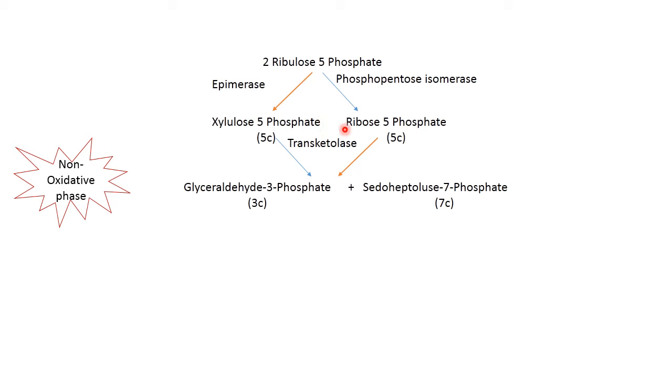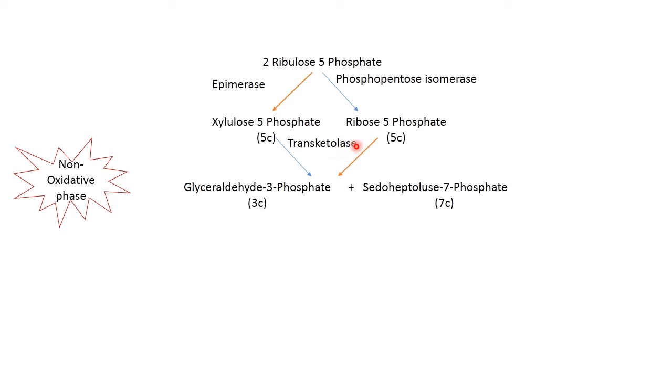Moreover, thiamine pyrophosphate is a key regulatory coenzyme for the pyruvate dehydrogenase complex E1, for the alpha ketoglutarate dehydrogenase of the TCA cycle, and the branched chain alpha keto acid dehydrogenase required for the metabolism of branched chain amino acids.